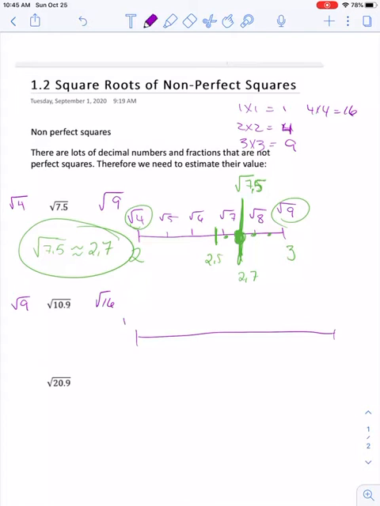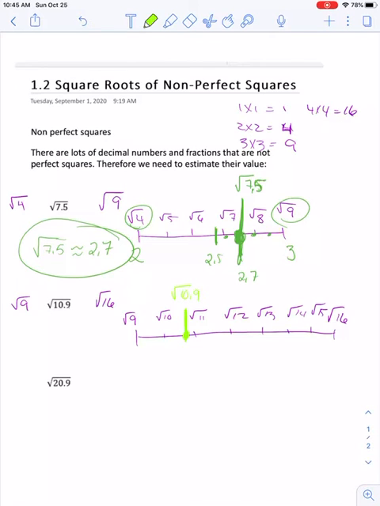We're going to put our benchmarks, square root of 9 here, square root of 16 here. So we're going to go square root of 10, square root of 11, square root of 12. Now we're going to be placing our 10.9. So the square root of 10.9 would be approximately here. So square root of 10.9.